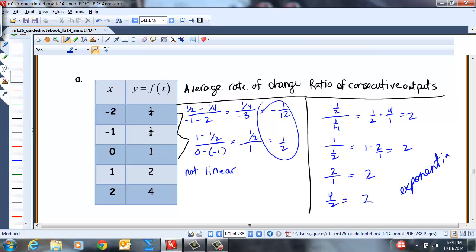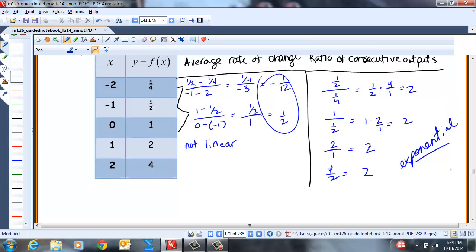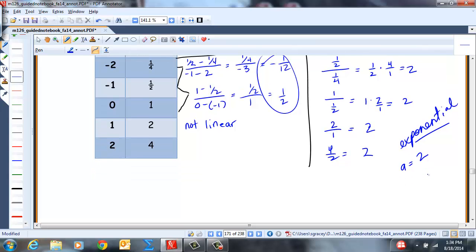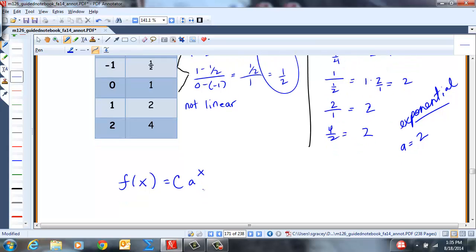So now our next job is going to be to find the equation for it, right? So what did we find when we were finding these outputs? Good, we found that a is equal to 2. So let's do our general thing. f at x is equal to c times a to the x. So we have that a is 2, right?